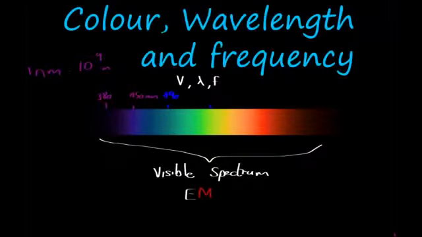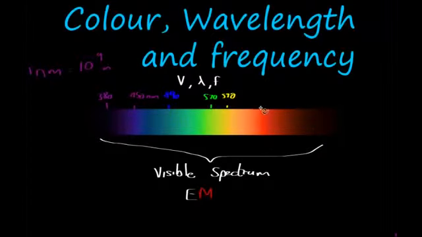From about 490 we go to about 570. So to about 570, that would be the green portion of the visible light, and then up to about there, that's about 590, we have yellow.